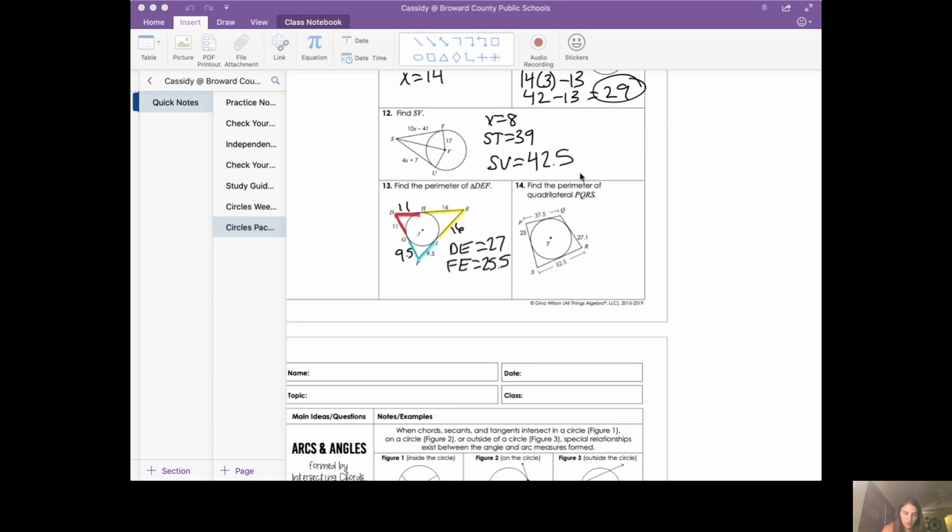And DF is just going to be 11 plus 9.5, which is 20.5. It wants us to find the perimeter, so we add all those together: 27 plus 25.5 plus 20.5 equals 73. So our perimeter is 73.